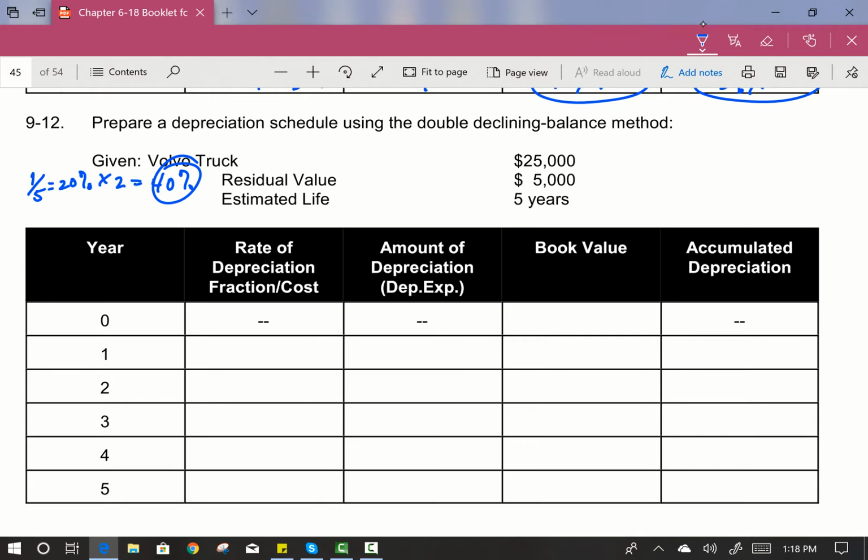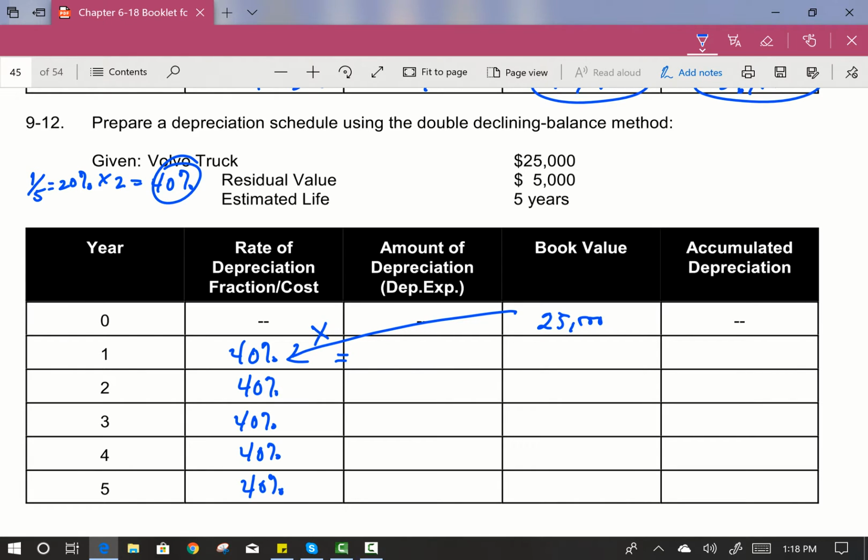So we're going to start with $25,000. We're not going to find the depreciable amount because we're not going to pay attention to it until the very end of this problem. Okay, the rate of depreciation for each one of these is 40%. So we'll take 25,000 times 40%, and that will equal our depreciation expense.